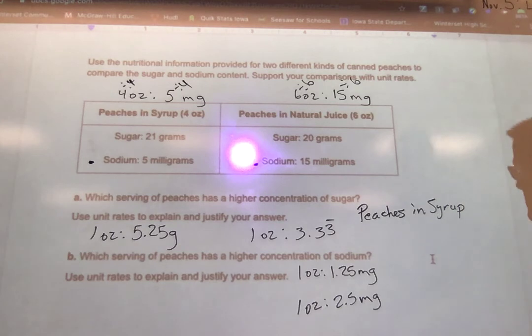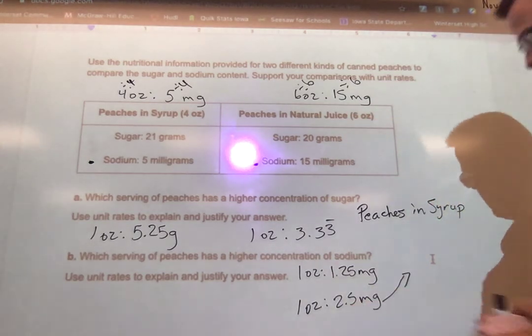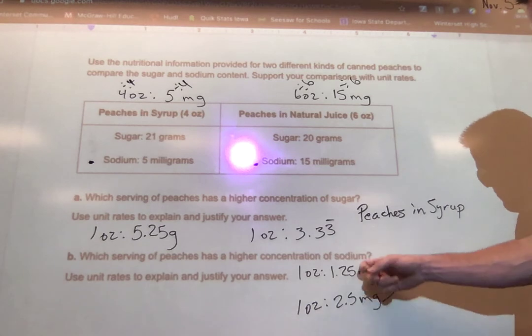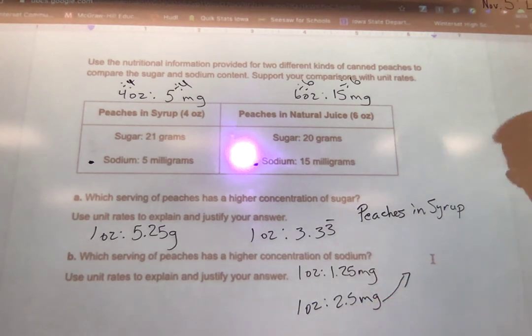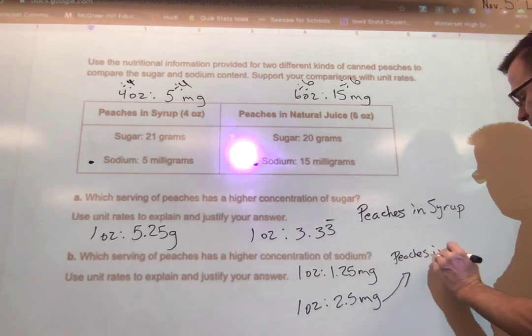So in this case, which one has the higher milligrams of sodium? This would be the natural juice. This one has more, and you can even see it has double: 1.25, you get 2.5. So this would be peaches in natural juice.